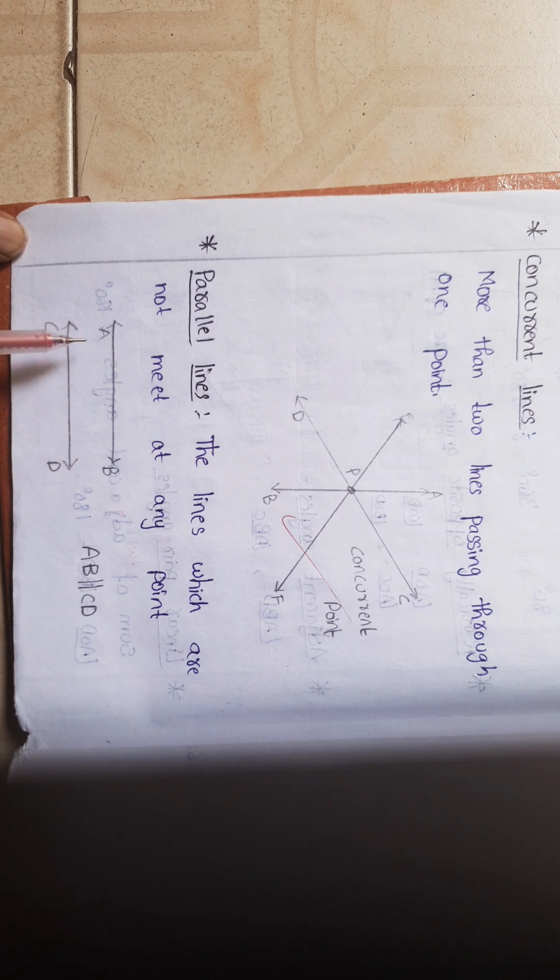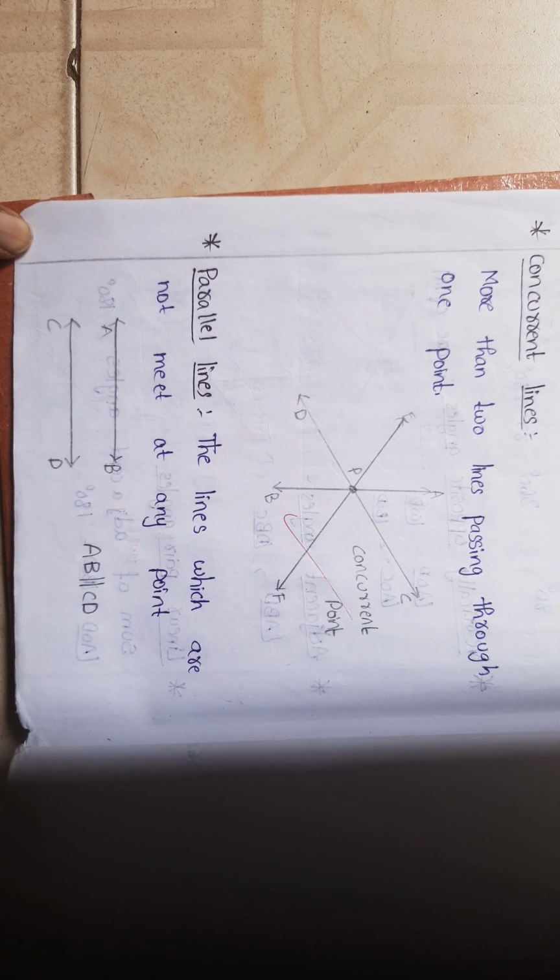Edges of the blackboard are parallel to each other. Like that, many roadways run in a parallel way. AB parallel to CD is the representation.